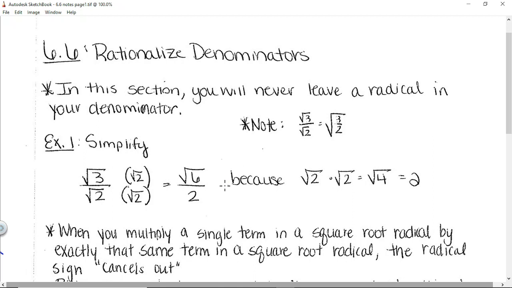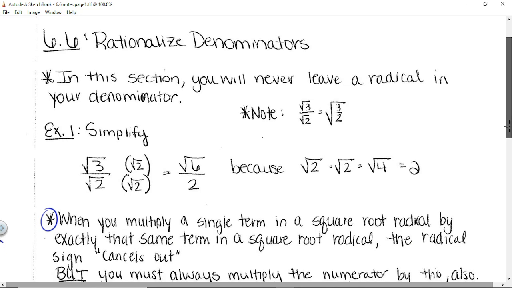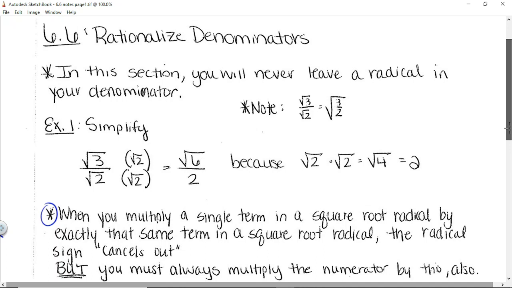So we won't change the fraction when we do this, and we choose to use that square root of 2 because, as we have down here, when you multiply a single term in a square root radical by exactly that same term in a square root radical, the radical sign cancels out.